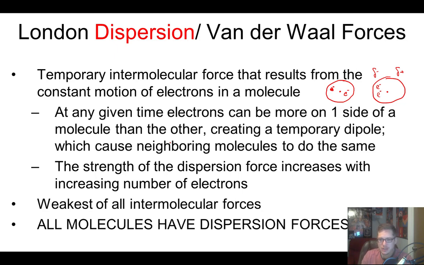But the interesting thing is all molecules always have London dispersion forces. So if I ever ask you to list out all the intermolecular forces that are possible with a molecule, you better have said London dispersion forces for one of them. So anyway, that's intermolecular forces.